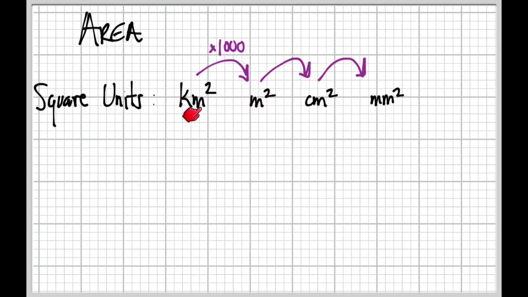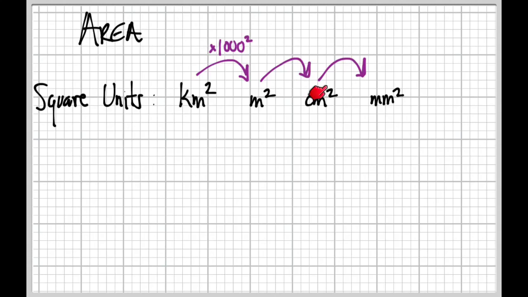Well, in 1 kilometer squared, that's like 1 kilometer by 1 kilometer. That's 1,000 meters by 1,000 meters, 1,000 times 1,000. So the easiest way to write that is 1,000 squared, right? So to go from kilometer squared to meter squared, we are going to multiply whatever number we have by 1,000 squared, okay, or 1,000 and then times another 1,000.